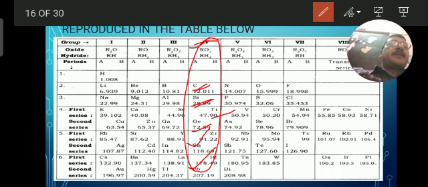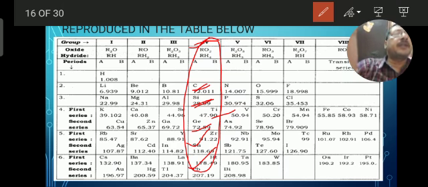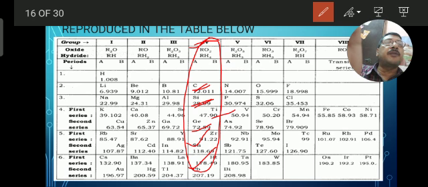Similarly, we are getting the compounds based on the general formula R2O5 for group number 5. So R2O5, then here it will be N2O5, P2O5, then V2O5, As2O5, then Nb2O5, Sb2O5.